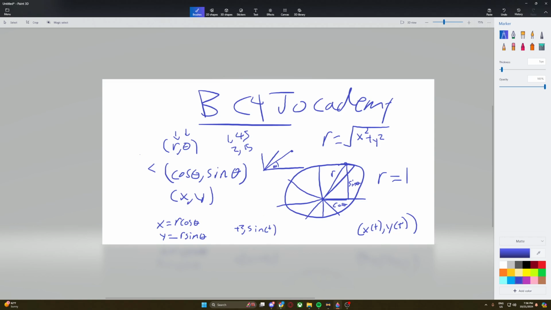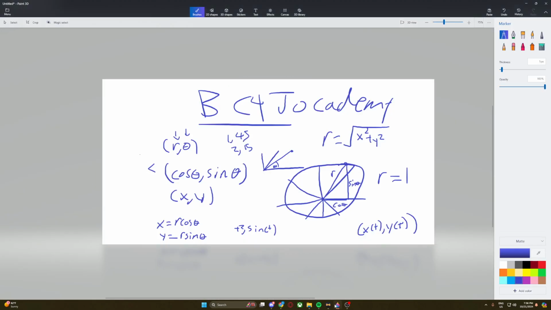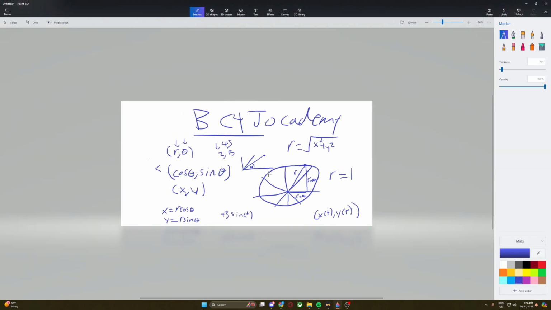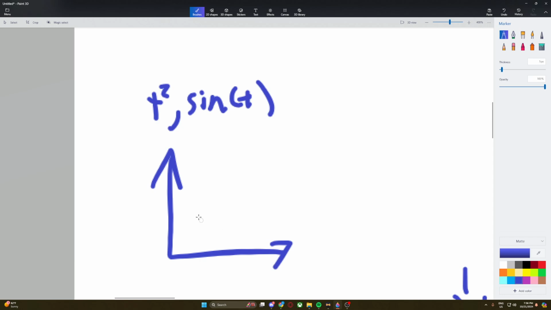If you drew it on a graph, t squared, sine t, the y value would be changing like this.